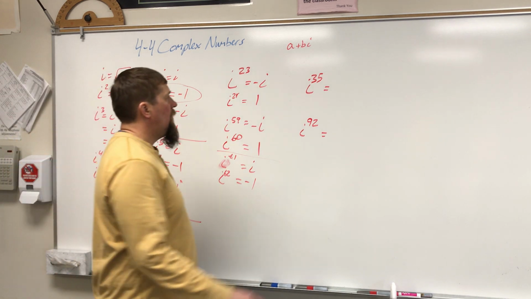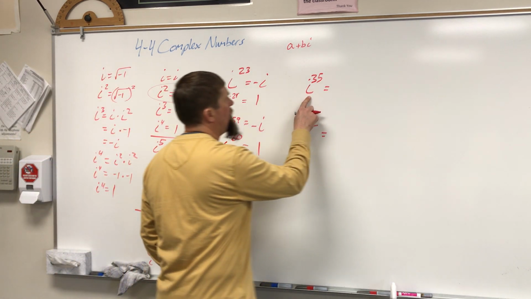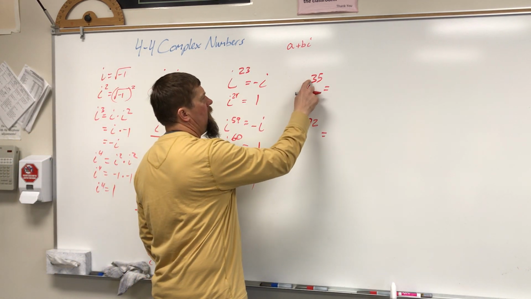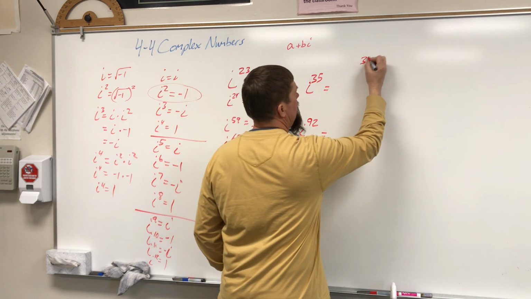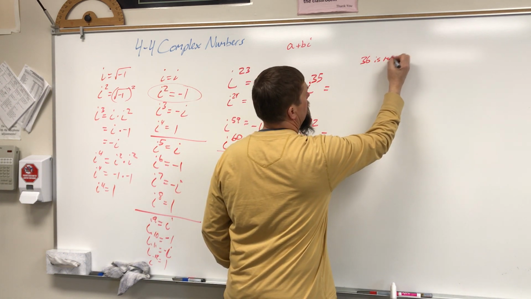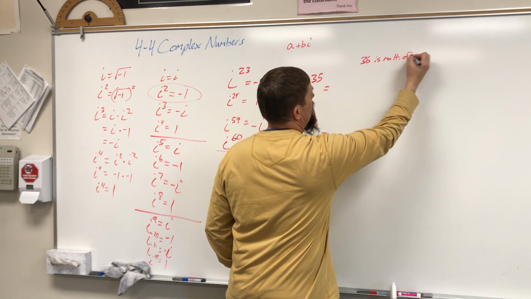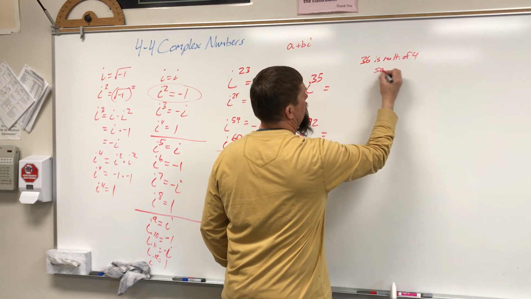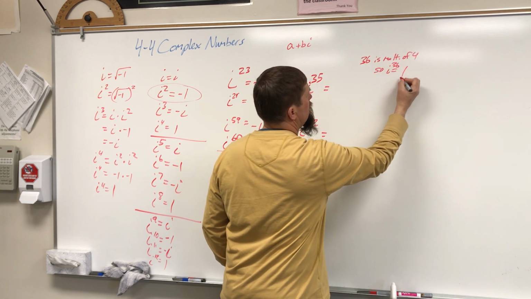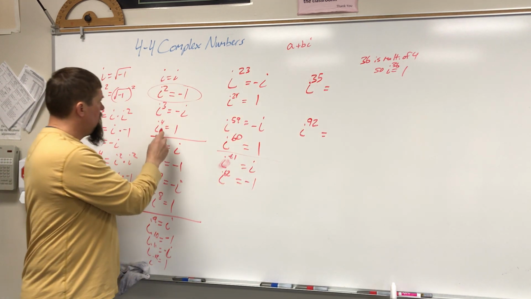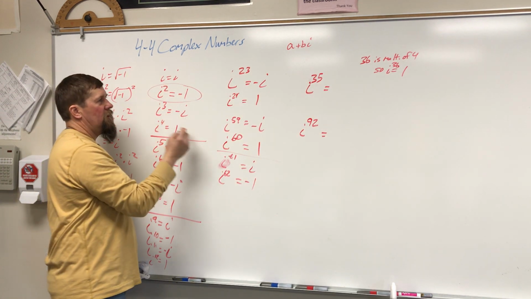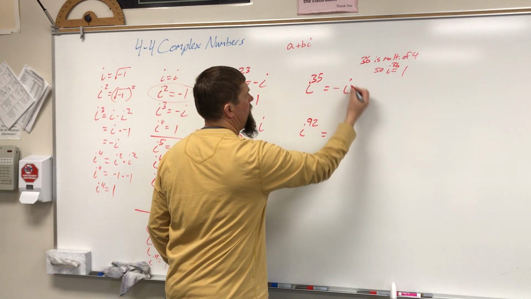Okay, so i to the 35th, I think of a multiple of 4 that's close to 35. Well, 36 is a multiple of 4. So i to the 36th is 1. 35 is 1 before that, so that's the same as i to the 3rd, which is -i.